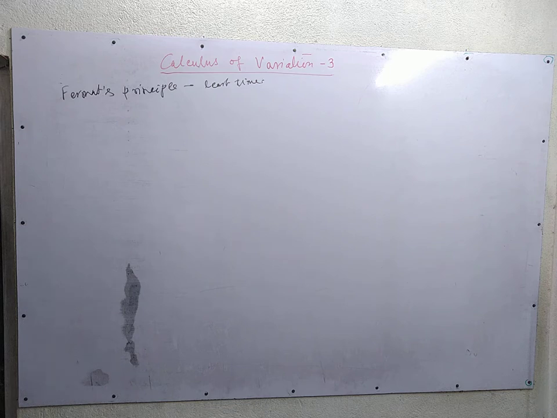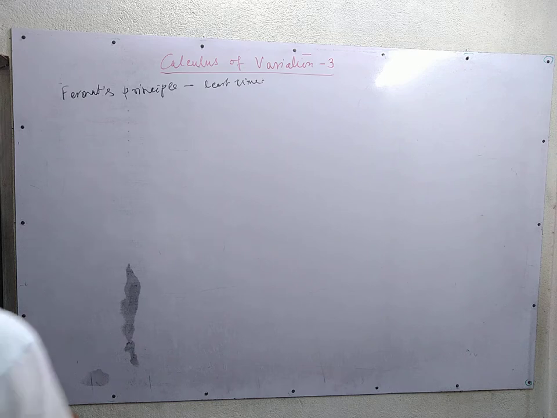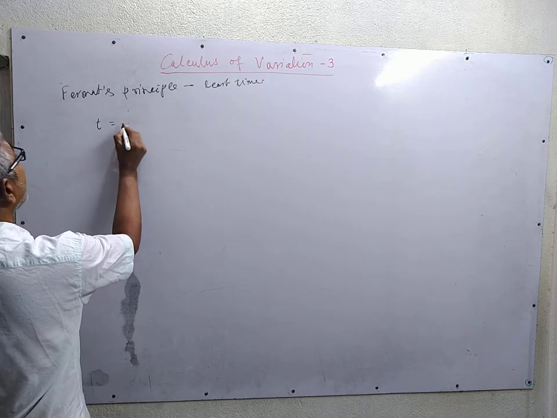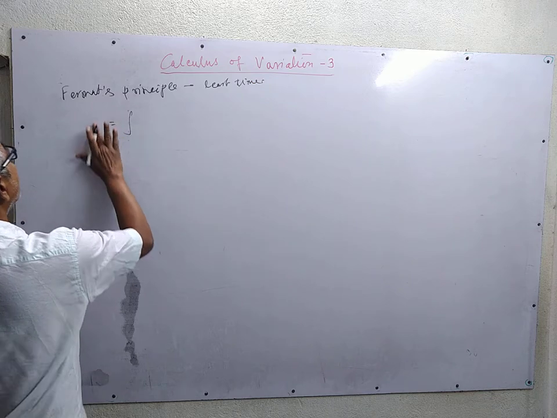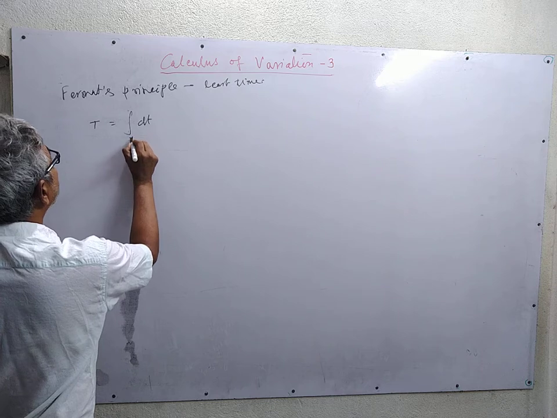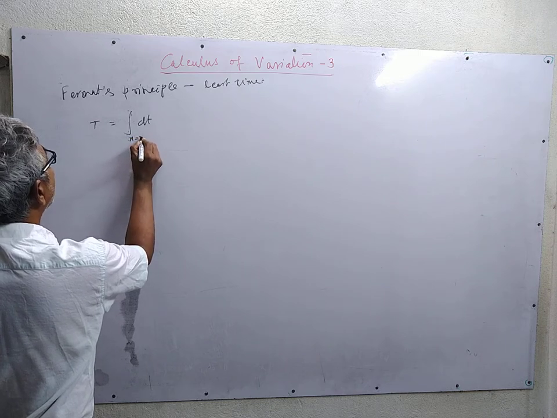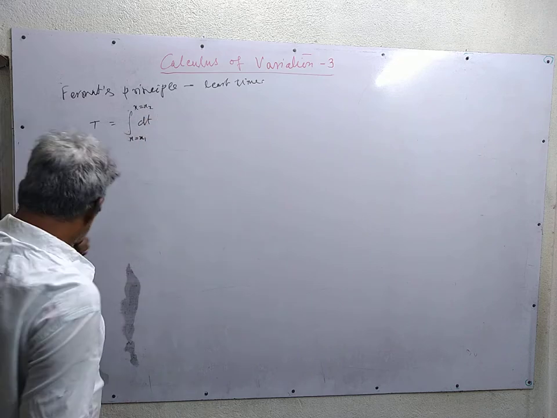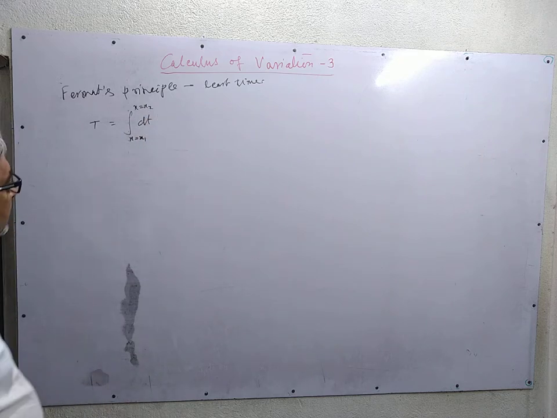If v is the velocity of a light ray in a medium, then the time taken t as the particle moves from x equal to x1 to x equal to x2 is given by the integral of dt.